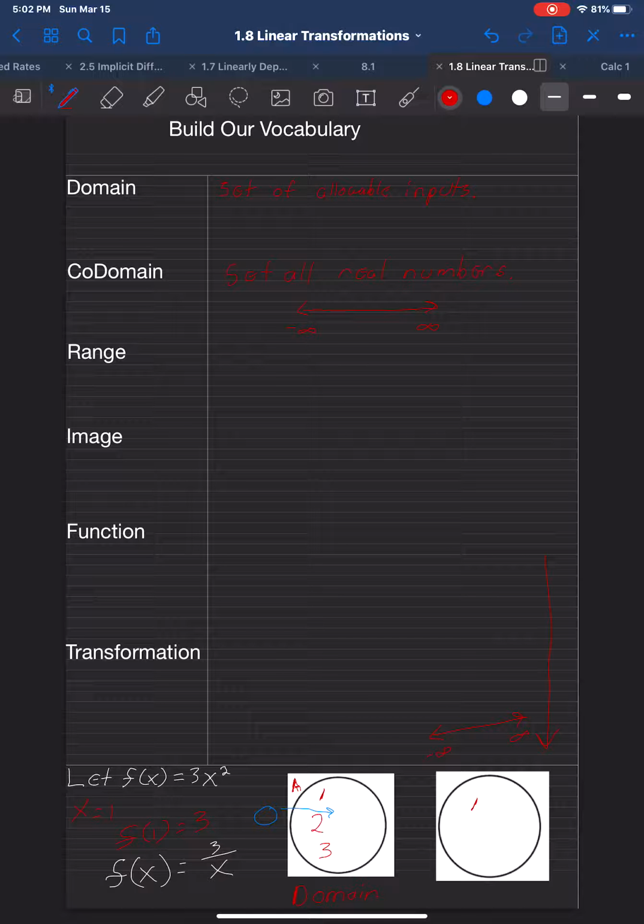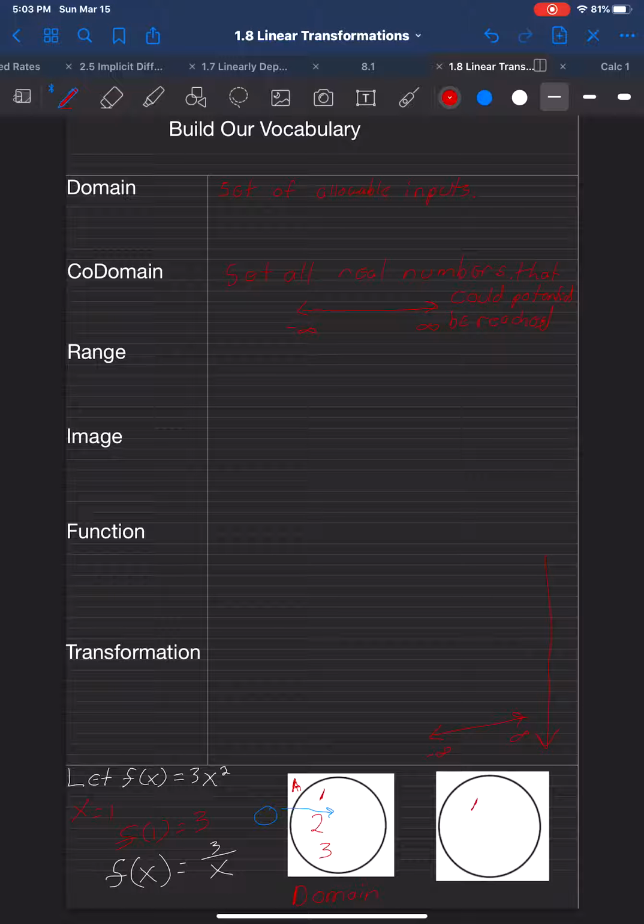So finishing up, it is the set of all real numbers that could potentially be reached. That doesn't mean you can reach every number. It just means that these are all the possibilities. Now let's do the range. And when I write the range, it'll start to click, the difference between codomain and range.